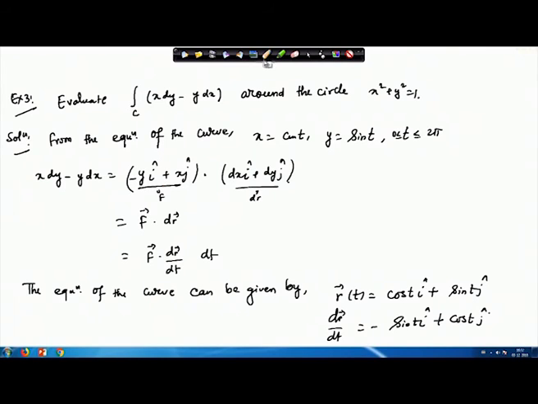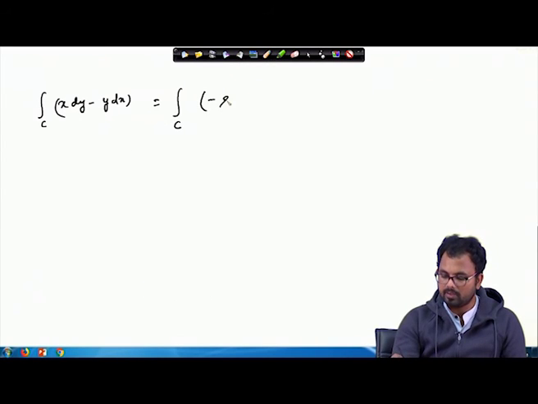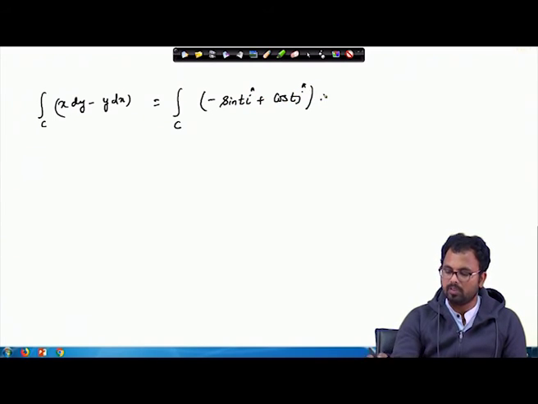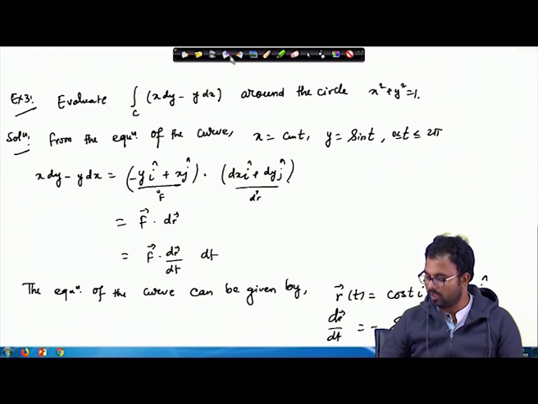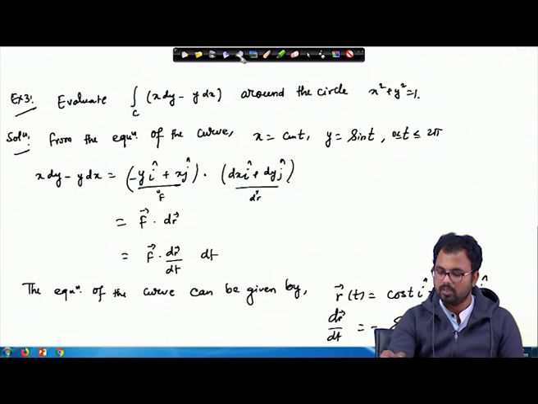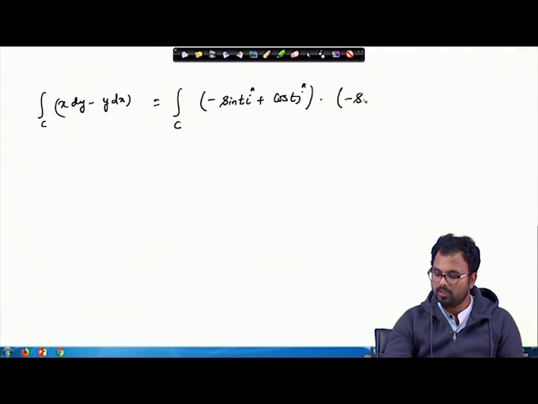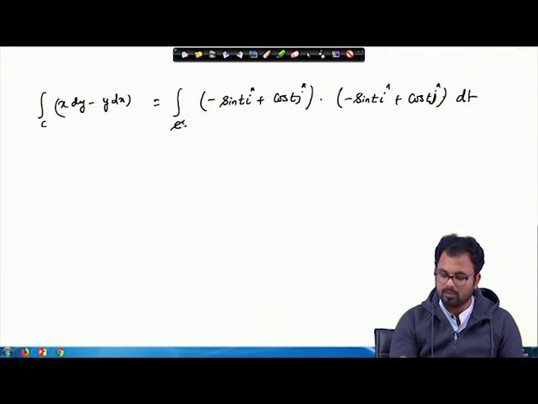So, we substitute these values, dot product with dr/dt, which is minus sin t i plus cos t j, times dt, and here t is running from 0 to 2 pi.